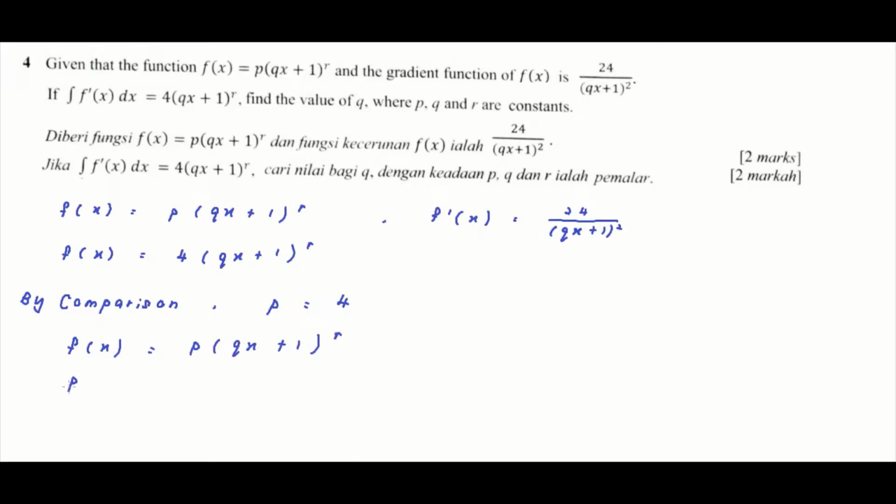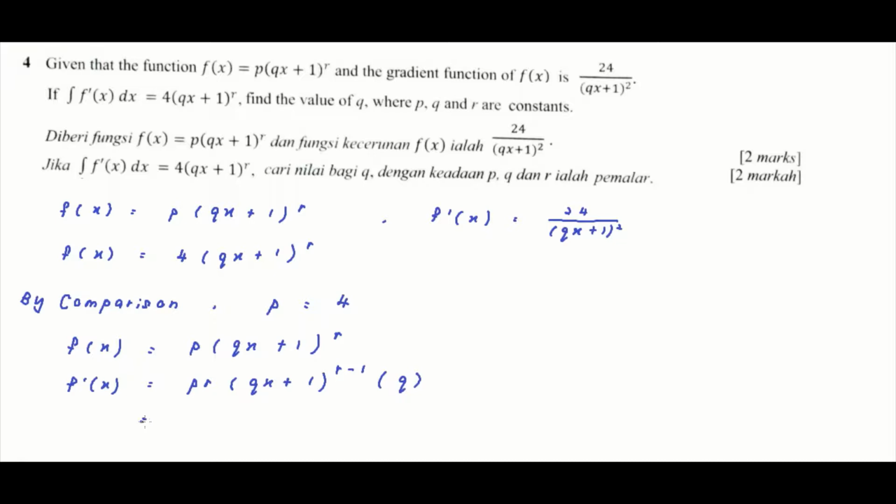Now if I differentiate, I'll be multiplying r in front, then copy whatever is inside the bracket. This is like a composite function as well. So the power minus 1, then don't forget to differentiate whatever is inside your bracket and multiply. So qx + 1, after you differentiate, you get q.